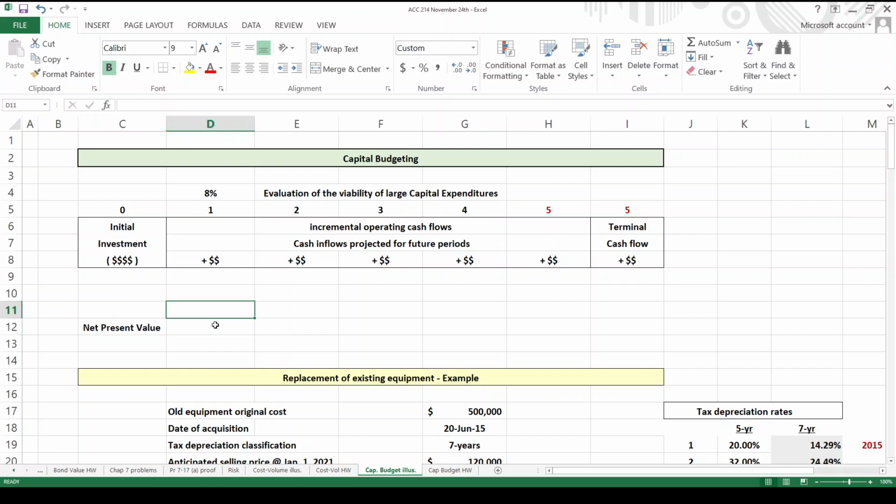Are we earning 8%? No, we're earning more than 8% if we come up with a positive net present value. So what is the internal rate of return? It's the discount rate which makes your NPV 0. It tells you what your rate of return is on this investment. So what interest rate here will make your net present value 0?